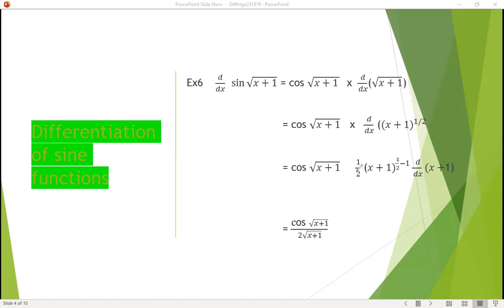Bring the half down, subtract 1 from the power, and then differentiate x plus 1. So the final answer is half cos square root of x plus 1, half minus 1, which is minus half. So in the denominator, it's square root of x plus 1.